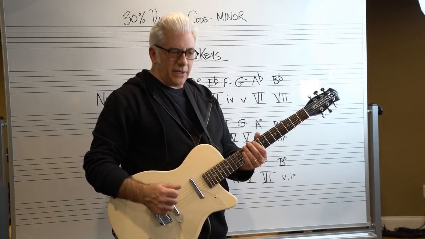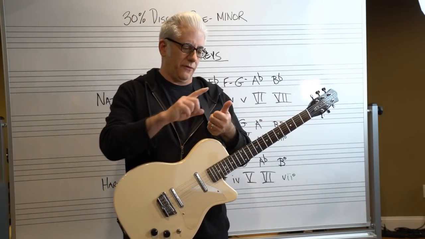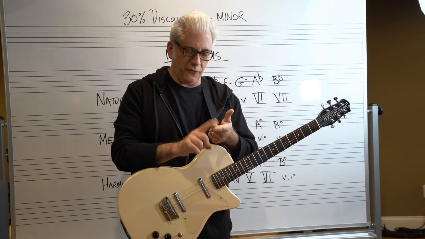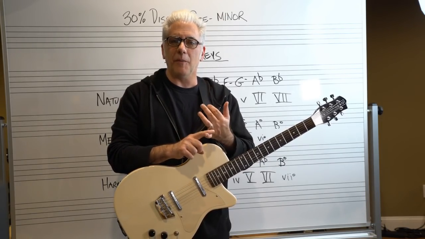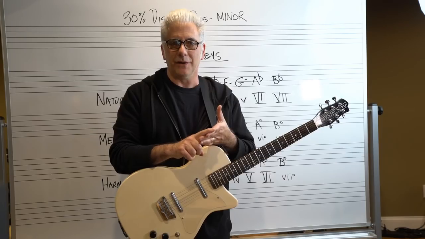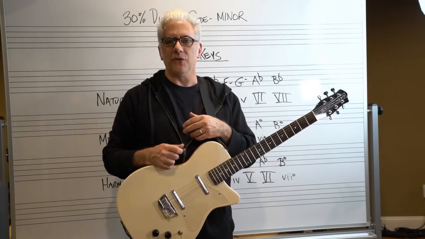So there's a lot of different possibilities with the minor. There's so many different minor chord sounds. You have Dorian, Phrygian, Aeolian, Dorian sharp 4, harmonic minor, melodic minor. Many, many different minor sounds that you can play.